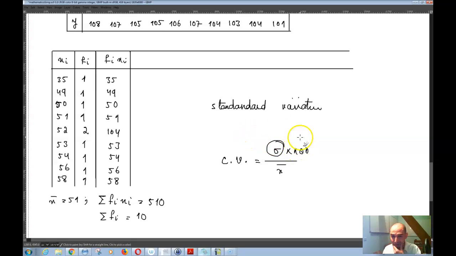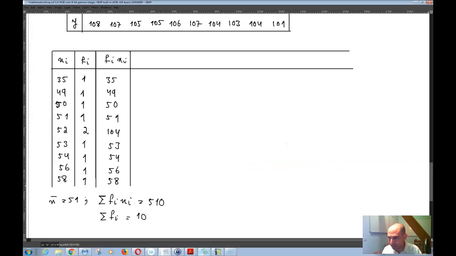To calculate my standard deviation, I need to calculate variance, and then from that I can calculate standard deviation. So variance is nothing but sigma squared, which is basically 1 over n sigma f of i times x of i minus x bar whole squared, as i goes from 1 to n.